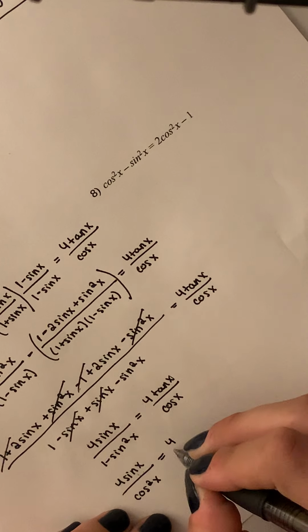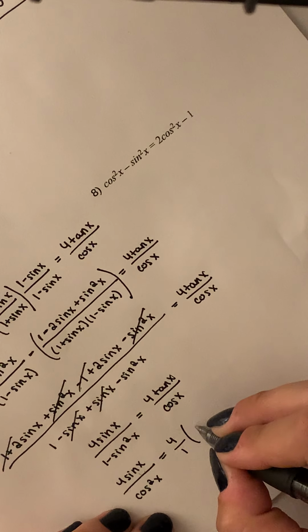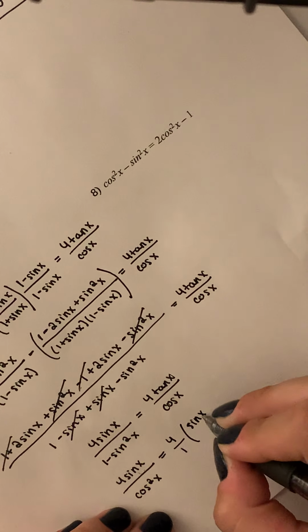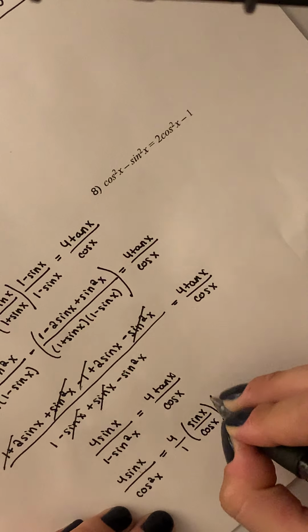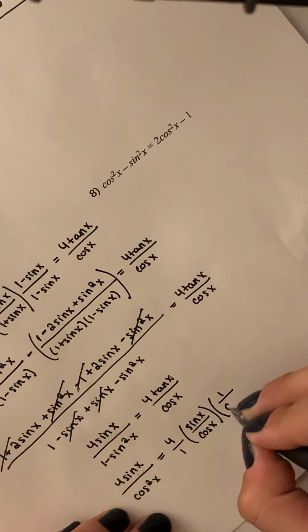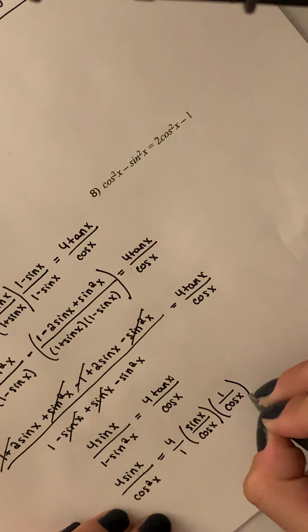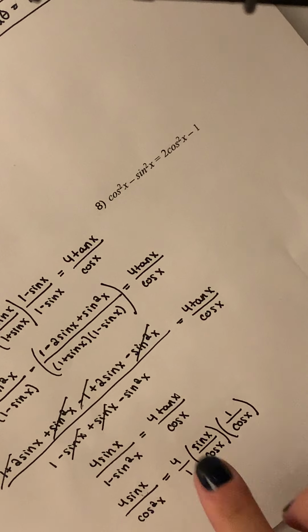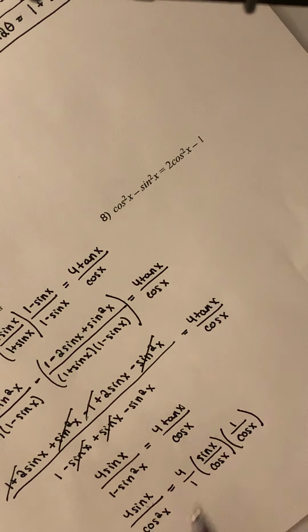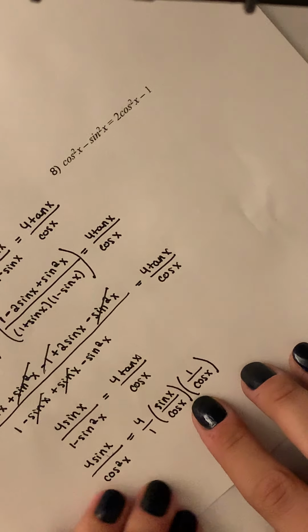So we're going to have 4 over 1 times sine x over cosine x, because that's our tangent, times 1 over cosine x. Instead of dividing by cosine x, you multiply by 1 over cosine x.